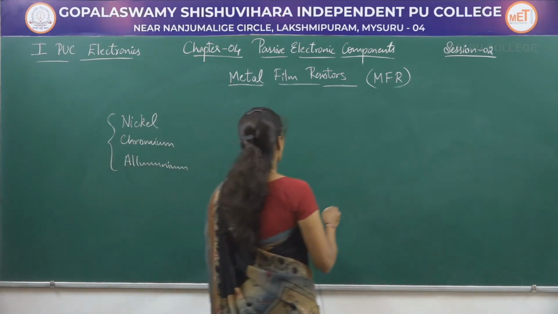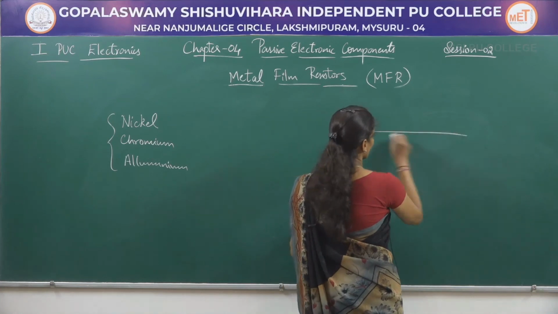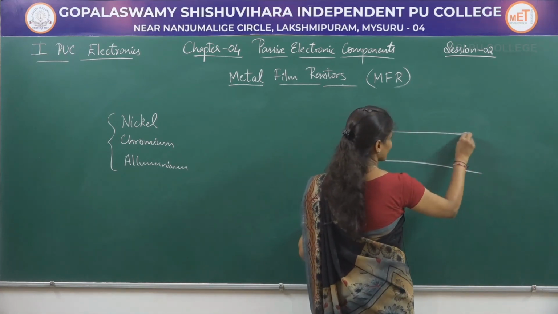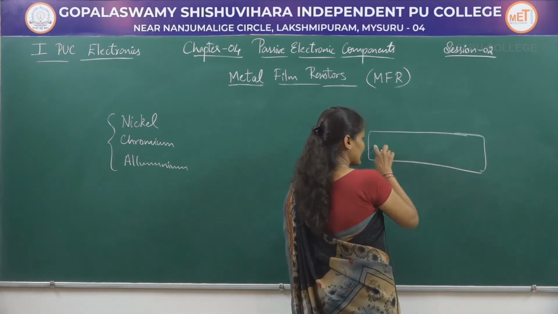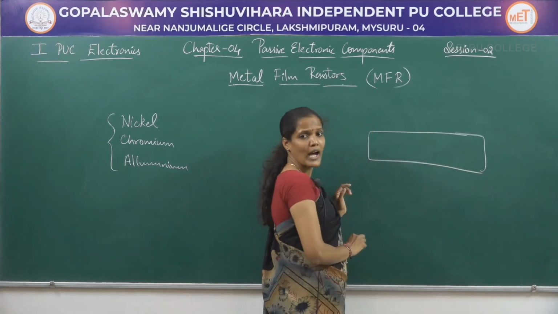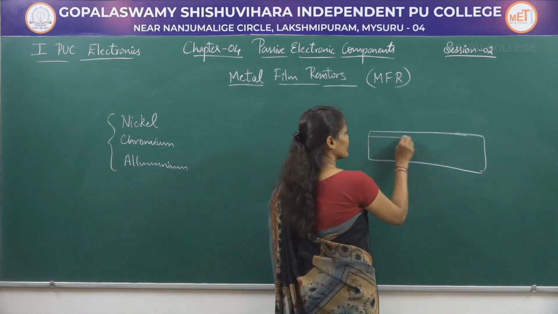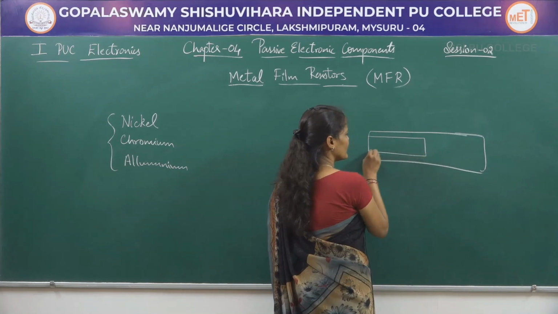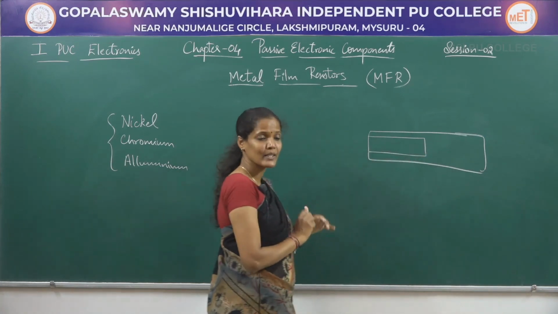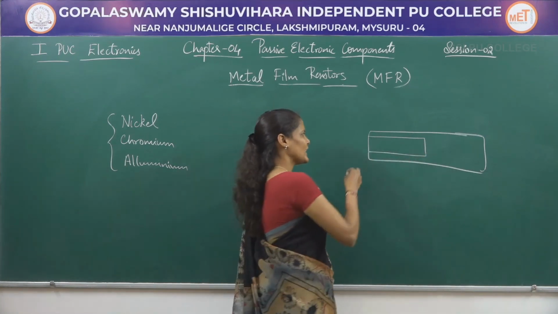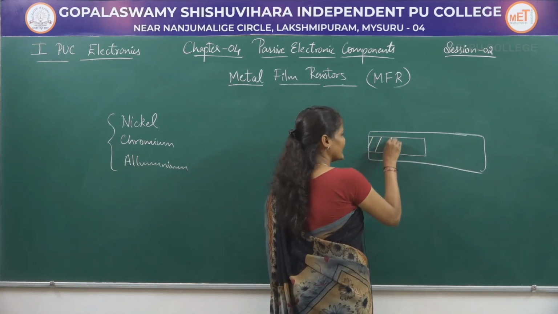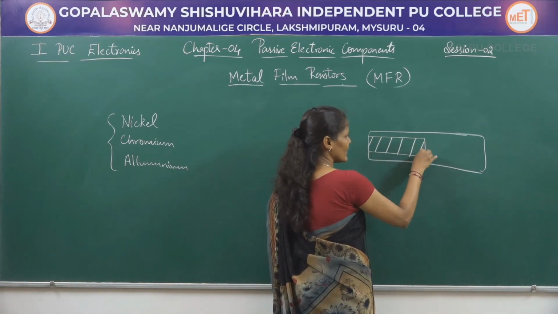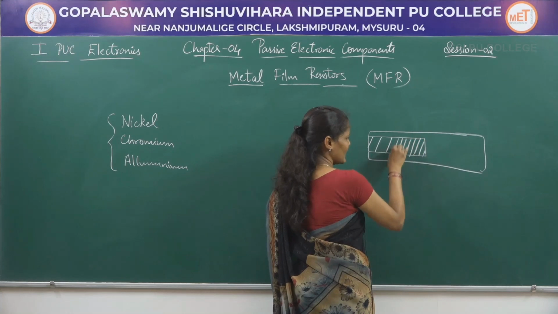So, coming to the structure of this metal film resistor, this is the external structure. There will be a ceramic rod. Upon the ceramic rod, a number of fine films of metals will be coated. Later on, the metals will be removed from the rod in the form of a spiral.